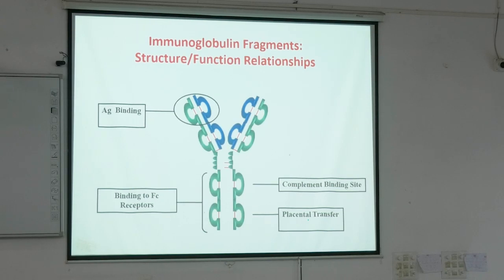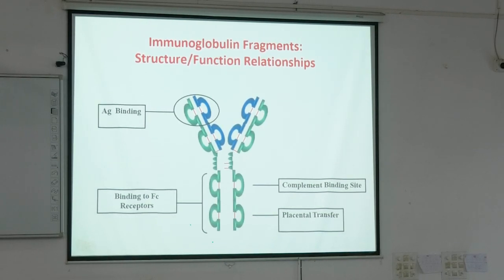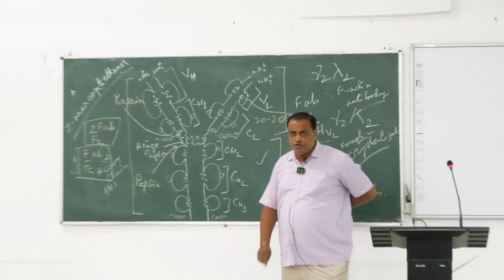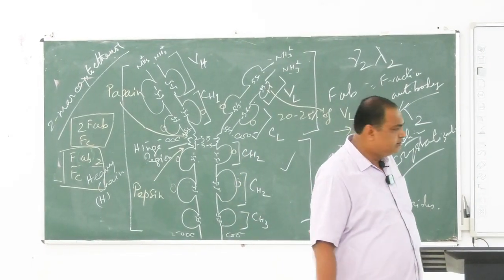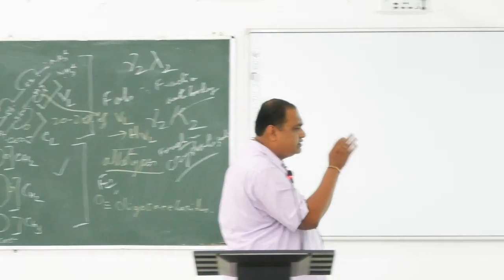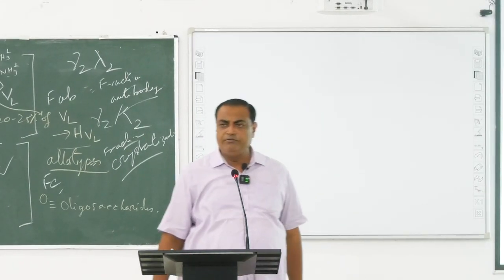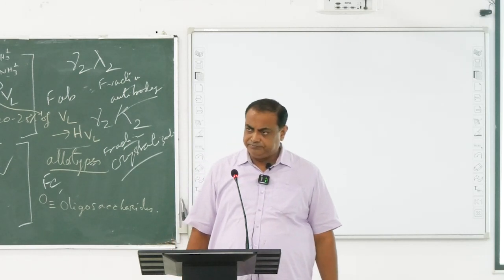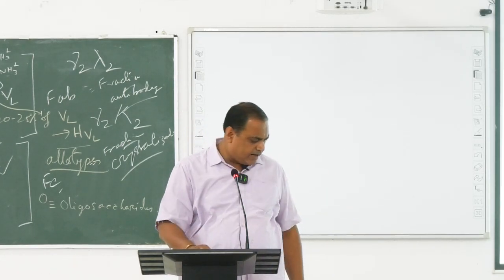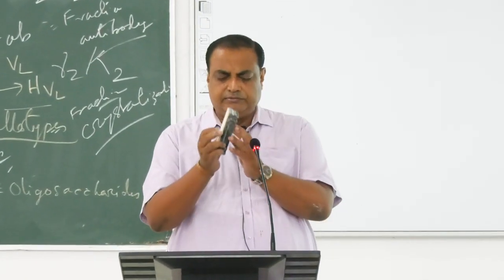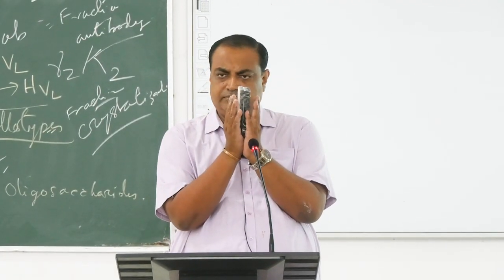Forget about this. Now, these are the regions where it actually attaches to a tissue. Which part? The Fc part is responsible for binding to tissue, cell surface, right? And the upper Y-shaped part is responsible for binding with the antigen. Suppose it is like this. So it is binding, it is holding this, right?